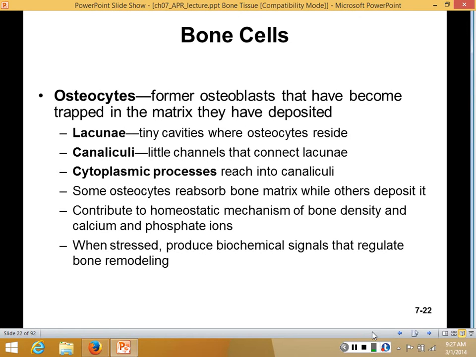Wherever you see those stress lines, that's where that bone gets really, really thick. And your osteoblasts are responsible for adding to or making the bone more dense. That's what it does. It becomes more dense, which means it's heavier, it's thicker. All right. So the stress lines make the bones stronger.